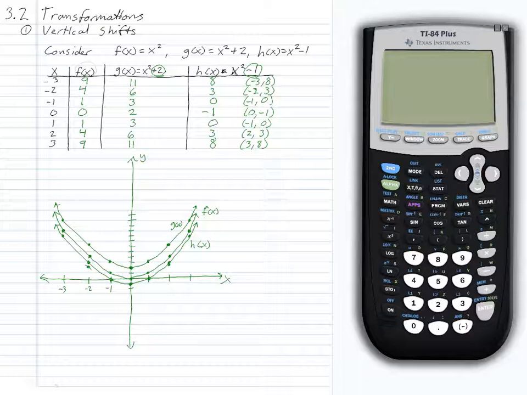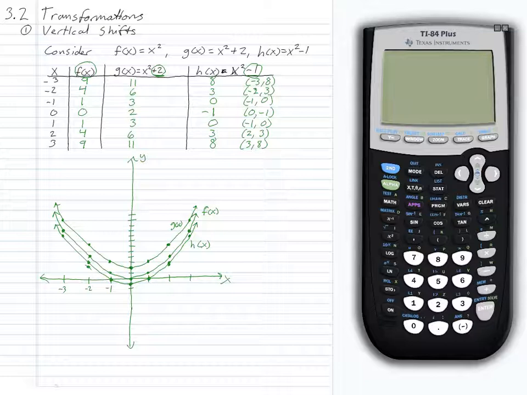So we'll simplify stuff inside the function, and then the function will do whatever it does to what's inside. And then finally we may multiply the result, or we may add or subtract to or from the result. So here we are calculating what the squaring does first, and then adding. And for h of x, we are squaring first, so we're doing what f of x does, and then we're subtracting.